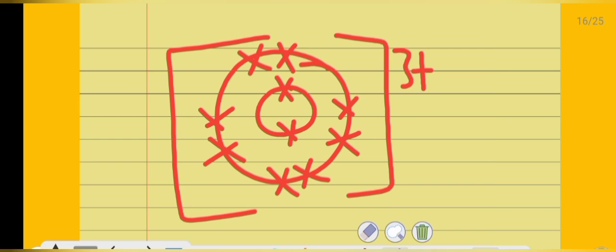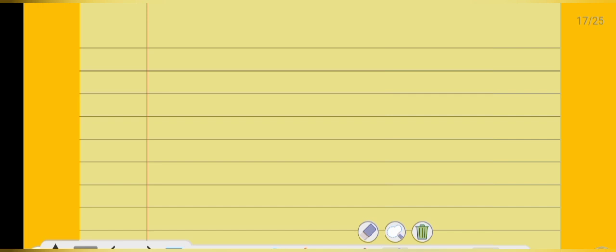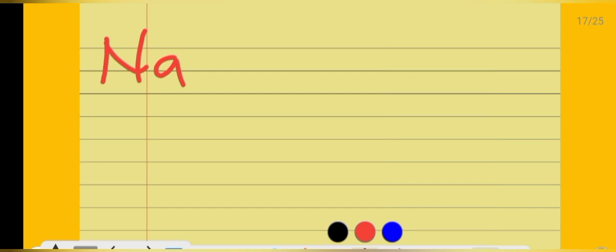Here's what I want to show you for each example that we have done so far. It's important to know this. We used sodium, we used magnesium, we used aluminium.